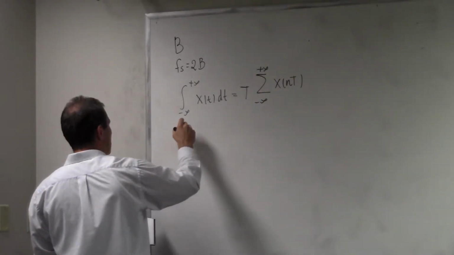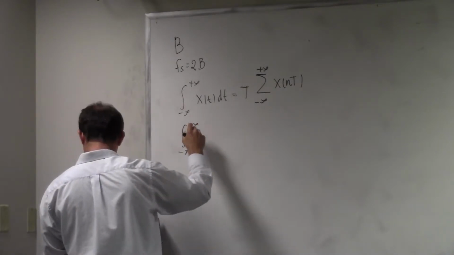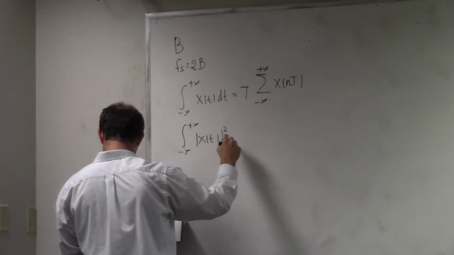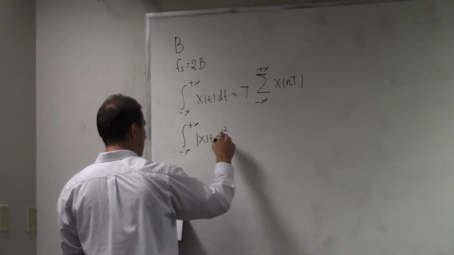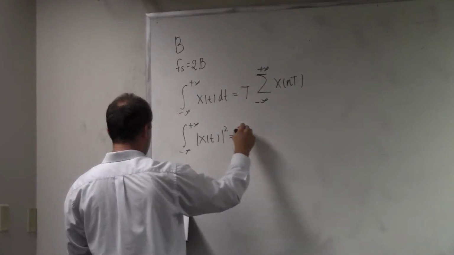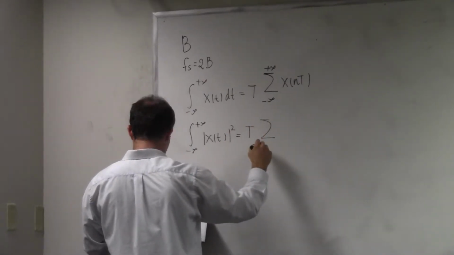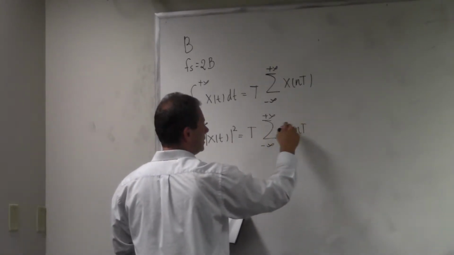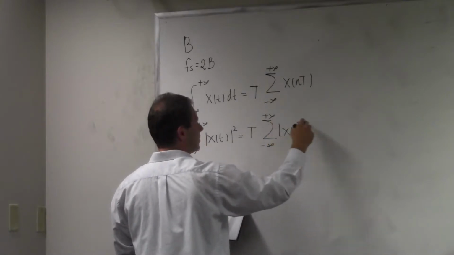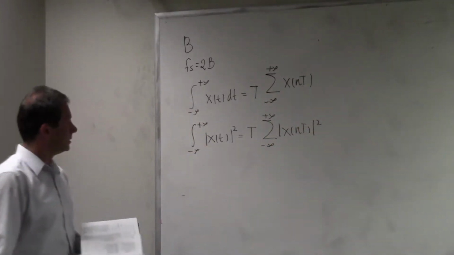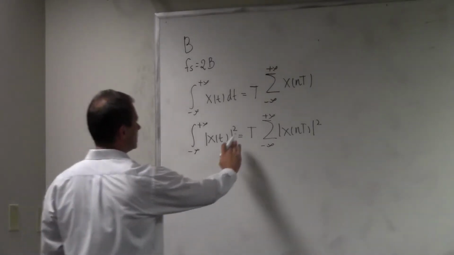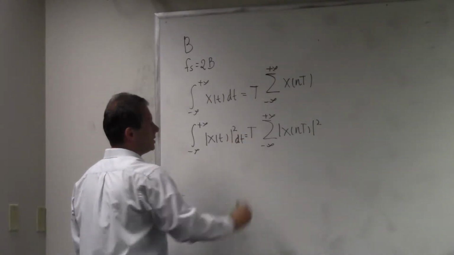That's part A. And show that the integral of the magnitude squared of x of t is equal to T times the sum of the magnitude squared of x of nT. Now this magnitude squared is just to make sure that this is true for complex signals too, but in our case we can remove the magnitude because these signals are all real.